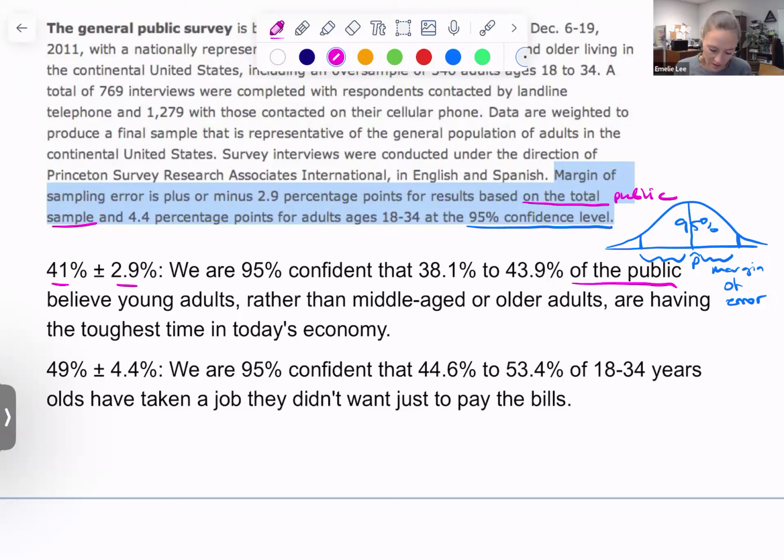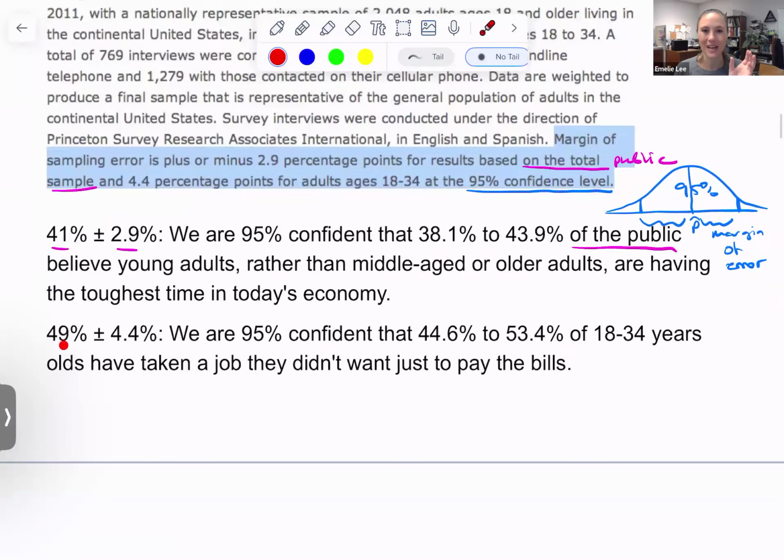Believe young adults, rather than middle-aged or older adults, are having the toughest time in today's economy. And so we can do the same thing for the subgroup. We had a point estimate of 49% or 0.49, and then we said plus minus 4.4% or 0.044.